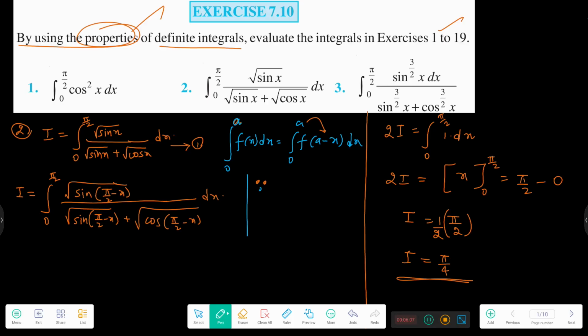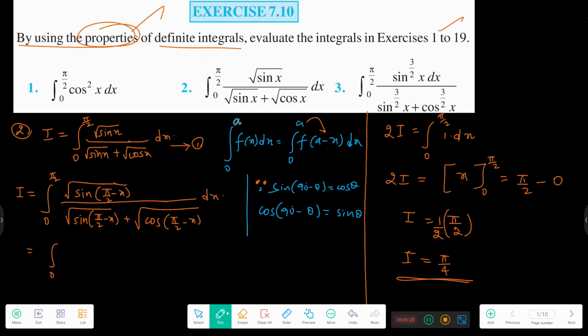What is the property actually? Sine of 90 minus theta, what did I say? Cos theta. Like that, cos of 90 minus theta is sin theta. So this I am going to use here, instead of pi by 2 they gave.